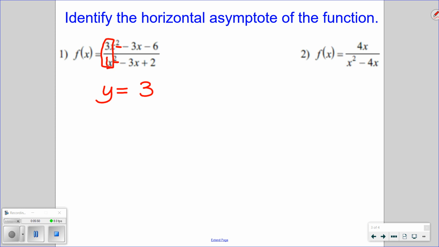So the horizontal asymptote is y equals 3. All right, in the second example, the degree of the numerator is 1. The degree of the denominator is 2. Since the degree of the denominator is bigger, the horizontal asymptote is y equals 0. That's all you got to do.